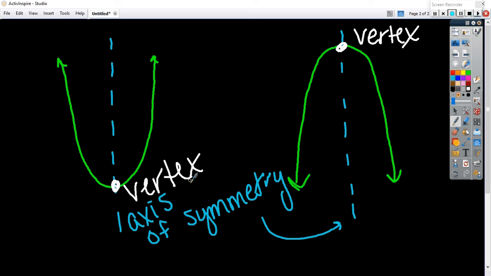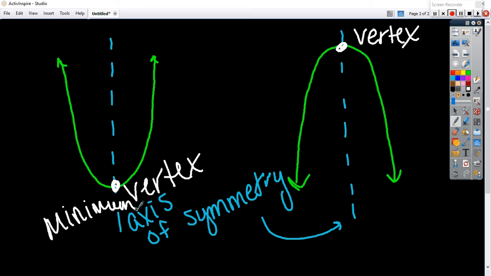Okay. All right, so this is a vertex, and it is the critical point of the parabola. Here's why. If you look at the parabola, whenever it's opening up, a happy parabola, that's the lowest point ever on the graph, right? So it's a minimum point.